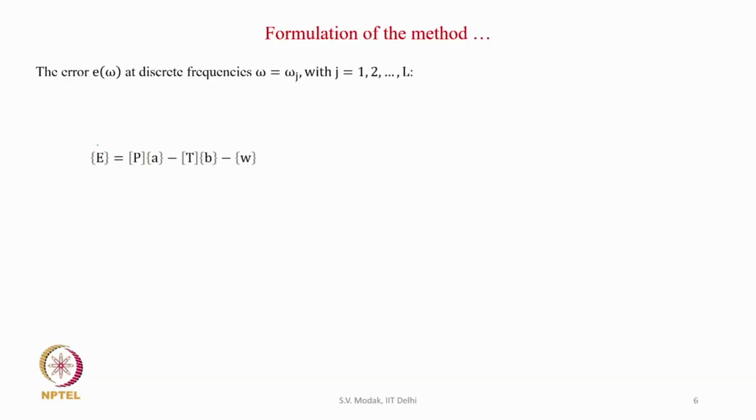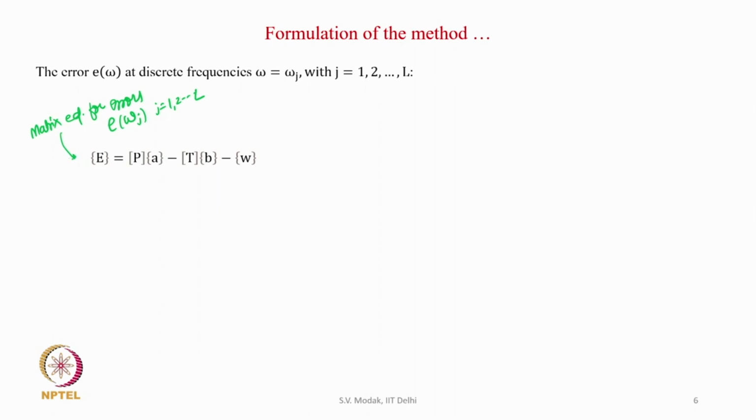So, this is the matrix equation for errors E of omega j, with j varying from 1 up to L.